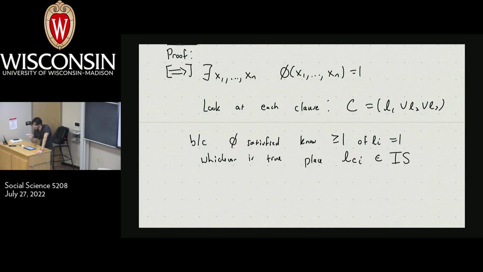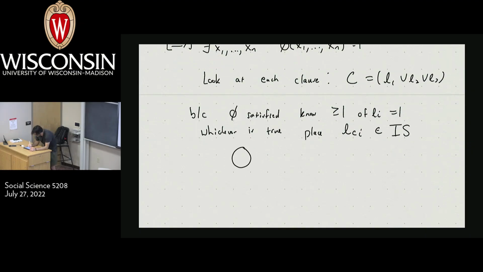And so I'm just saying in that triangle, I'm going to pick this specific one. So in the triangle corresponding to clause C, I'm picking specifically this node, L_C,i. This one specifically goes in the independent set. And that's the one that was true in the formula phi.